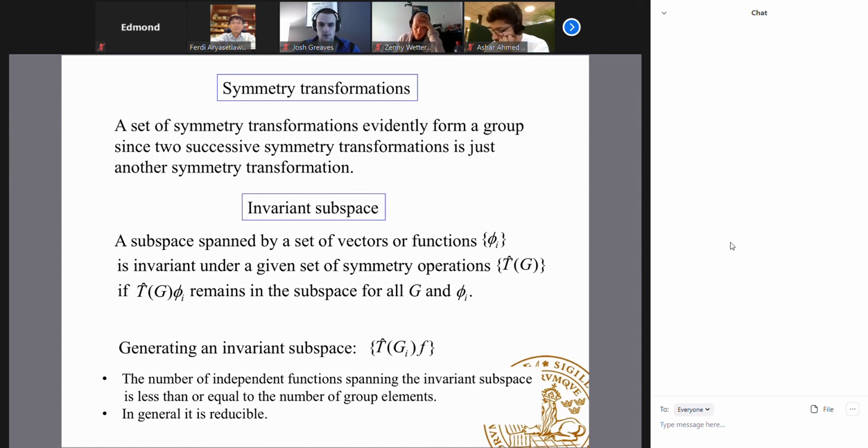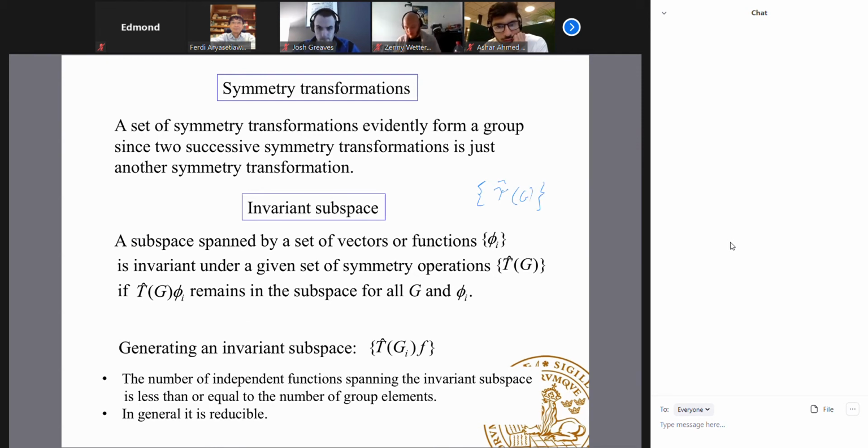Now, when it comes to basis functions, as we said in the beginning, we want to have basis functions to express or to construct our Hamiltonian and dynamical matrix and so on. So we want to consider some basis functions to represent our symmetry operators. Our symmetry operators is the set of TG like this. This is an abstract operator.